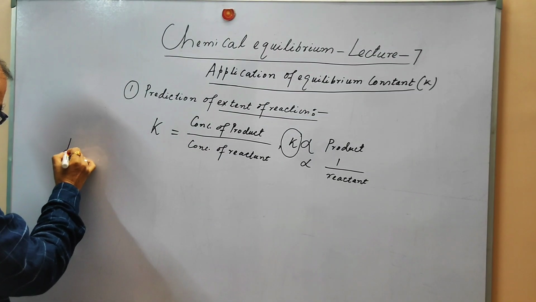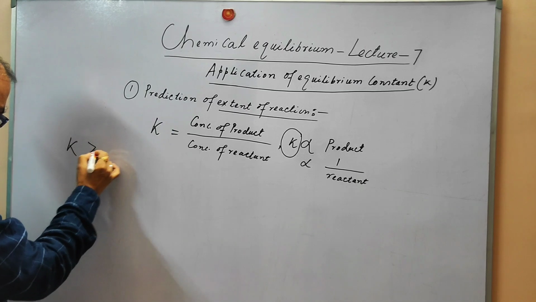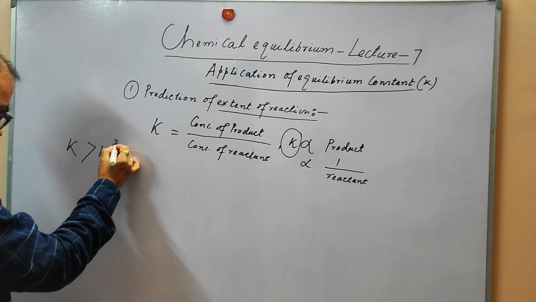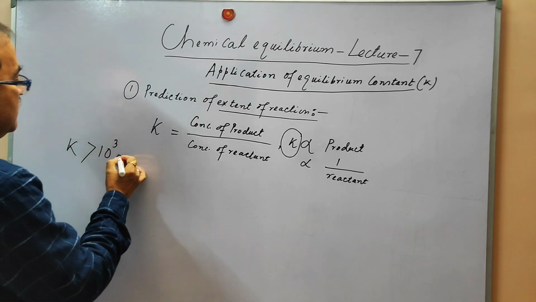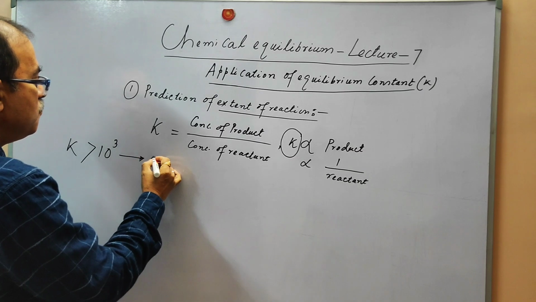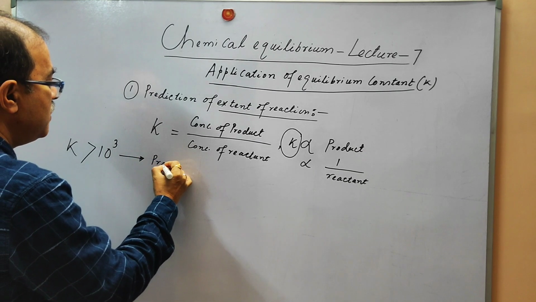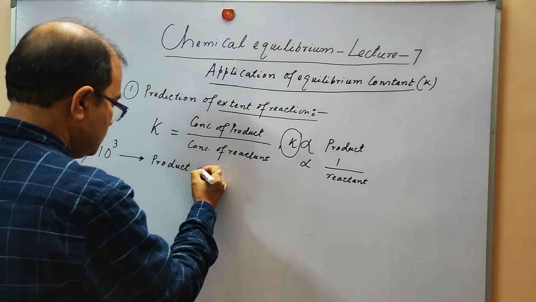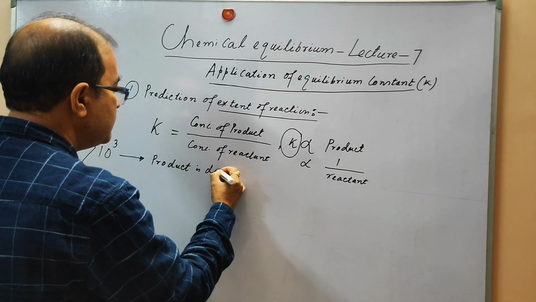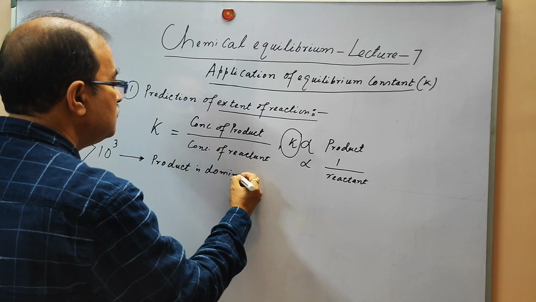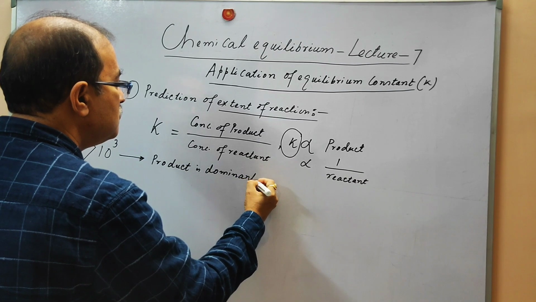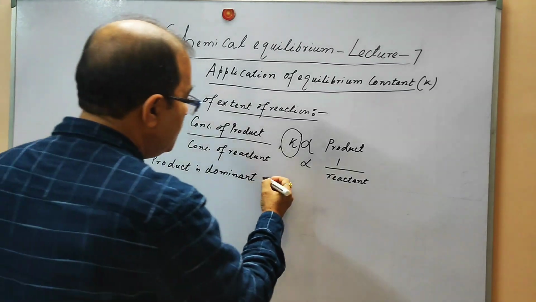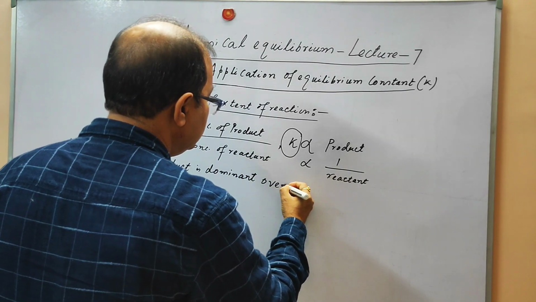If the K value is greater than 10 to the power 3, then we say the product is dominant over the reactant.